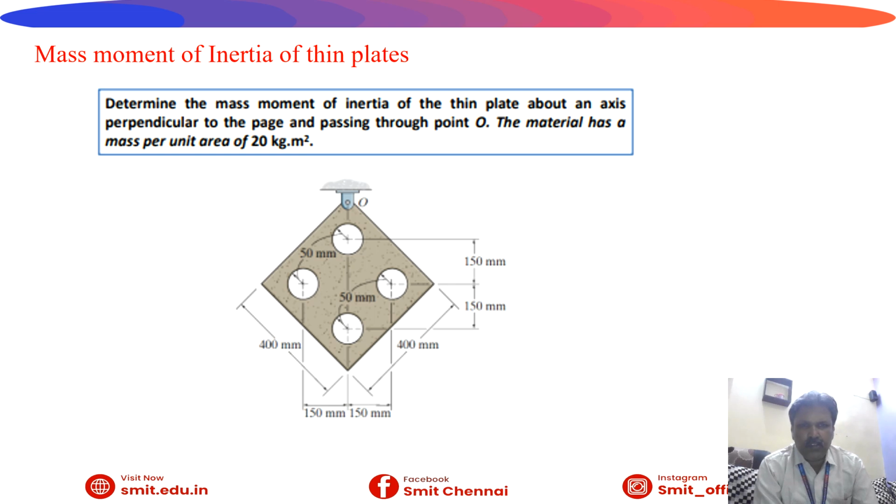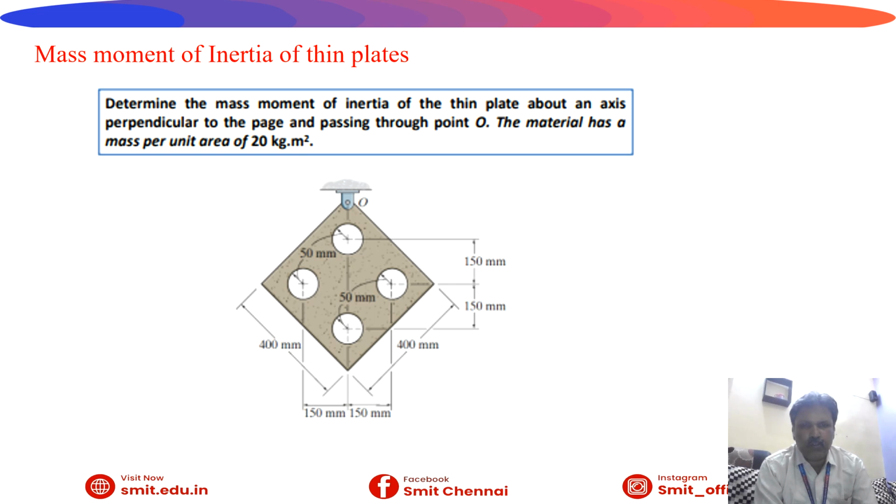So based on the formulas I discussed previously, now we are going to see one basic problem in moment of inertia of thin plates. Determine the mass moment of inertia of the thin plate about an axis perpendicular to the plate and passing through the point O. The material has a mass per unit area of 20 kg/m squared.